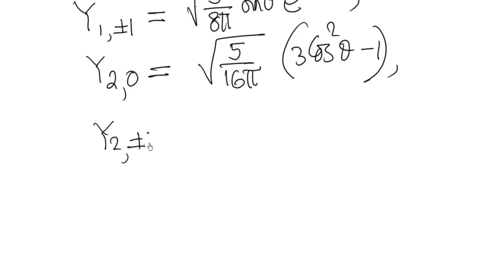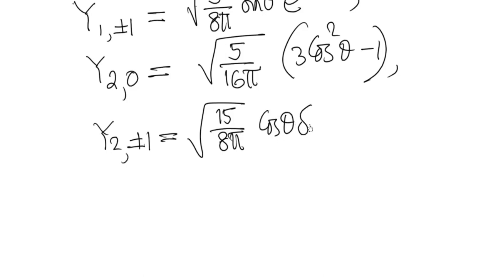Y2 plus minus 1 is plus minus square root of 15 by 8 pi, times cos theta sine theta e to the power plus minus i phi.